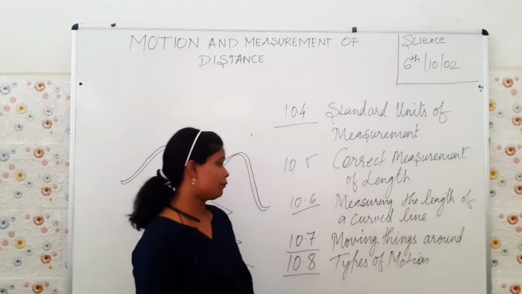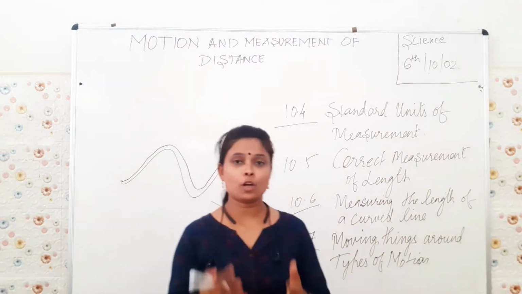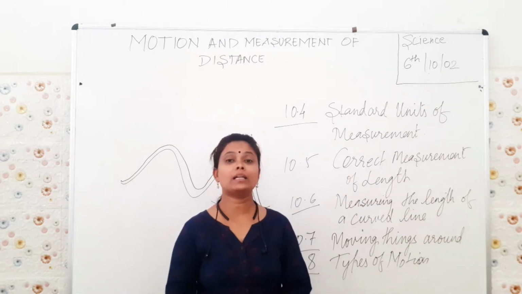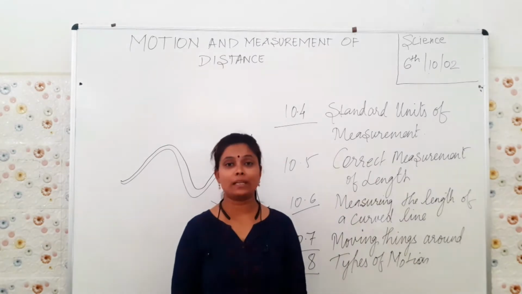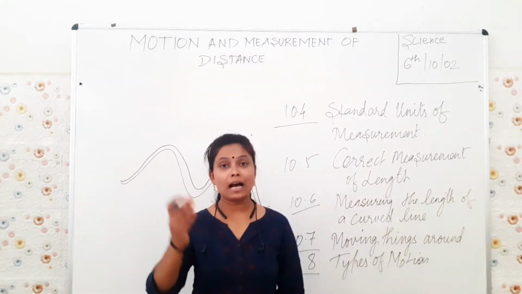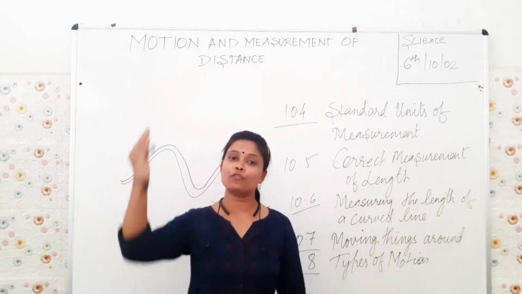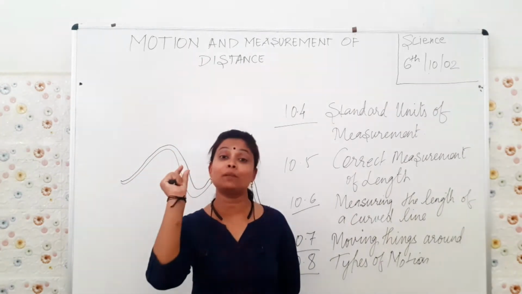Next, what do we have? Moving things around. Yes, it's a very good example to understand that measurement is all over. If you just look up in the sky, even stars have measurements. They move from one direction to another and have a certain measurement.